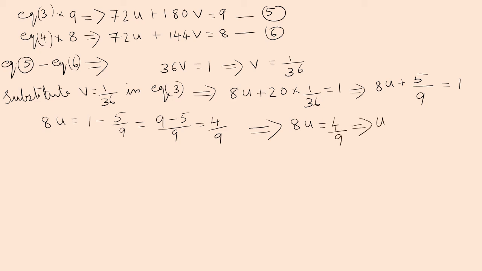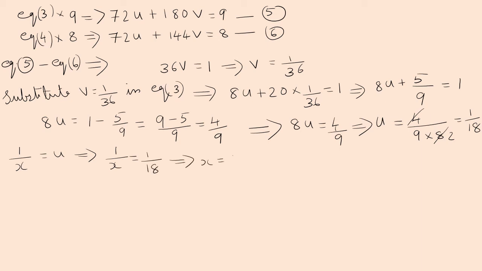Therefore, u equals 4 upon 9 multiplied by 8. Cancelling the common factor, you are getting it as 1 upon 18. We have taken 1 upon x equal to u, that is 1 upon x equals 1 upon 18. From this you are getting x equals 18.